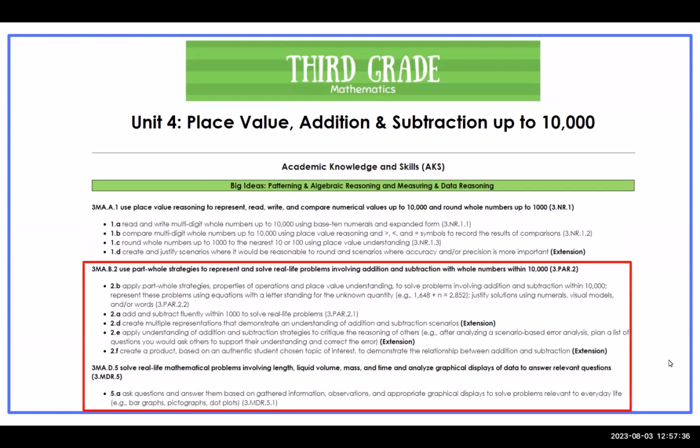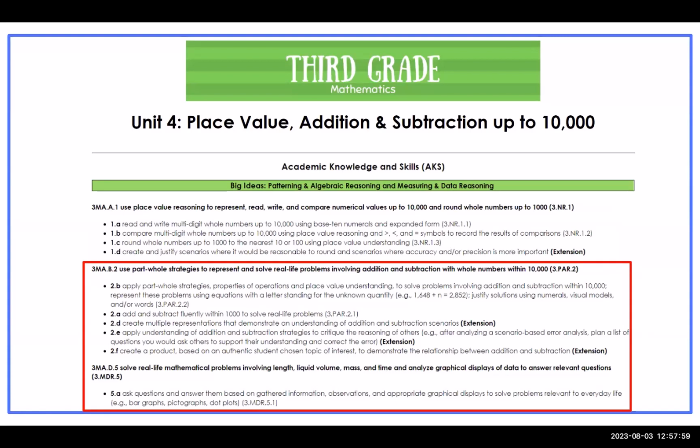Next, the unit will shift to applying this place value understanding to AKS 2. This unit will revisit IOA 2A and introduce IOA 2B, where students will add and subtract multi-digit numbers within 10,000. Students will solve problems using part-whole thinking and generalized procedures.